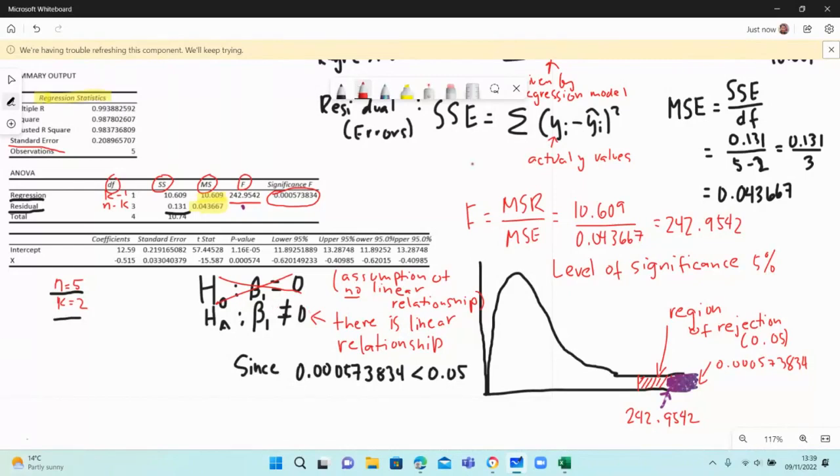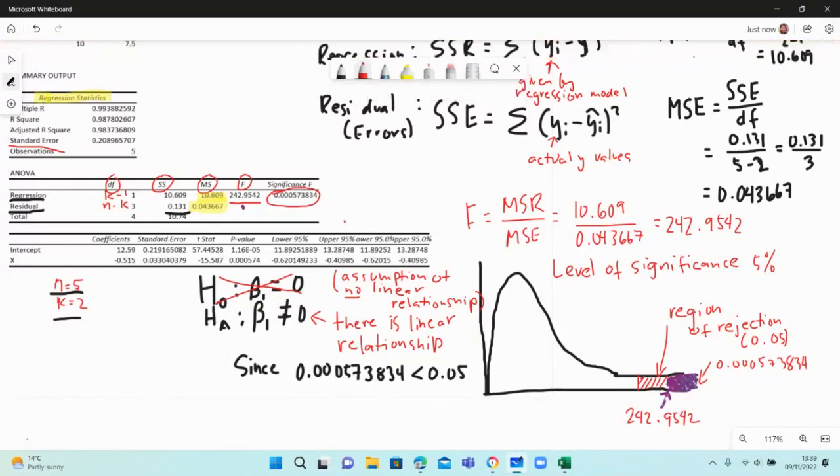And so that is for the second part of the regression analysis, or the summary output.